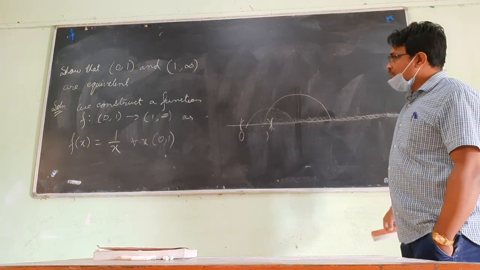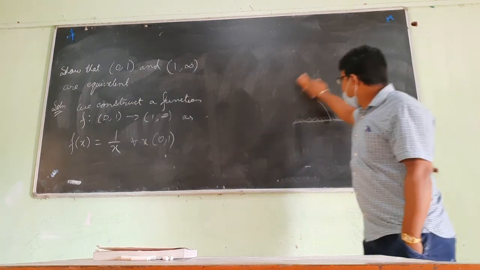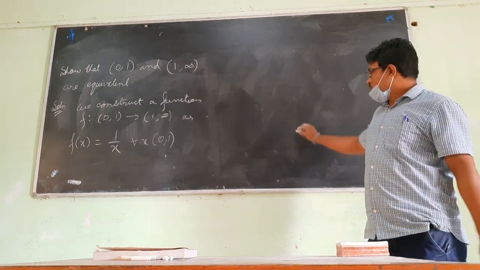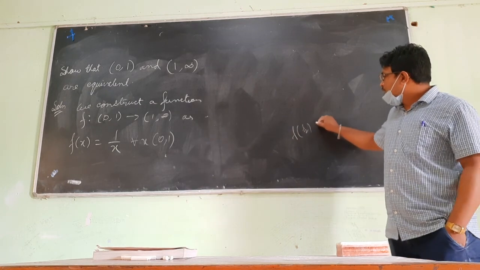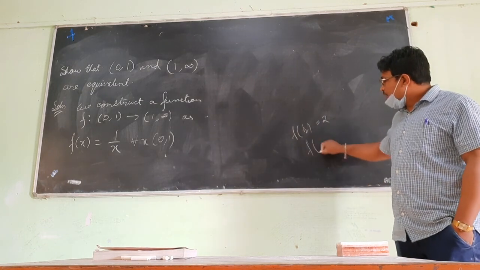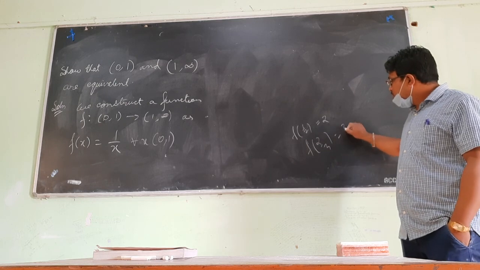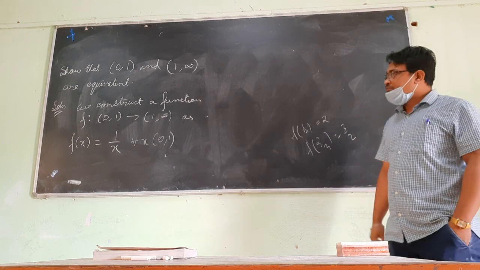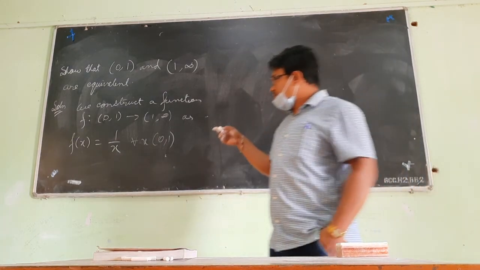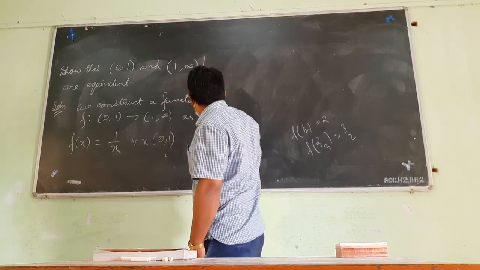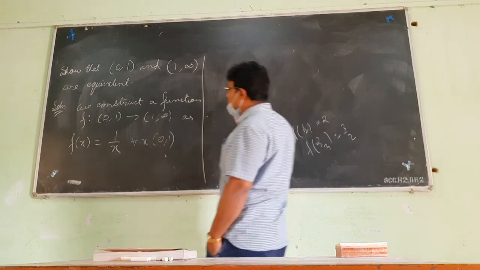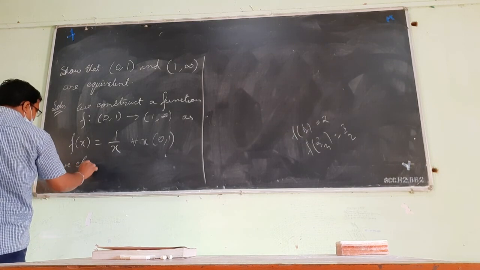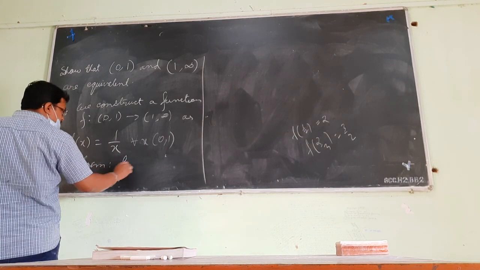We can show that this function is a bijection. Something like this: f of half will be 2, f of 2 by 3 will be 3 by 2. Each number will go to its reciprocal. Then we will see that this is not only one-one, it is one-one as well as onto. So we claim f is a bijection.